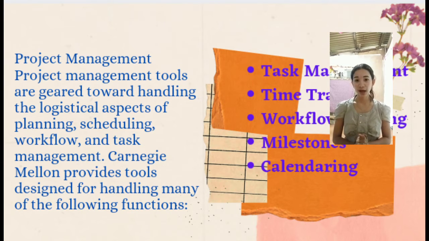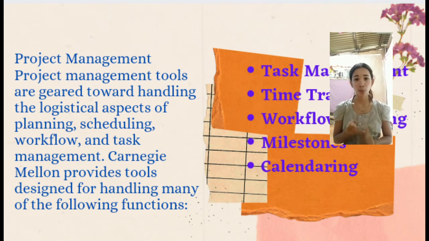Next, we have time tracking. Time tracking allows you to make more intelligent decisions about how you price or run projects, how you schedule your team, and how you spend your day.